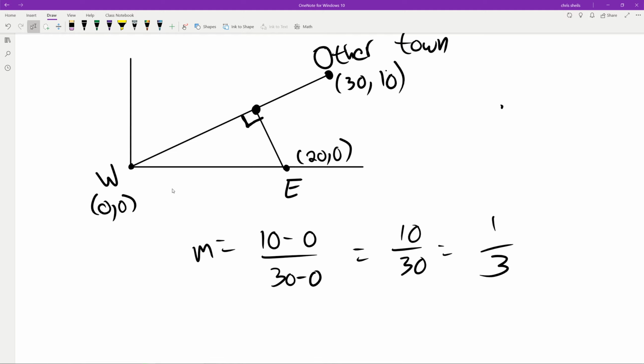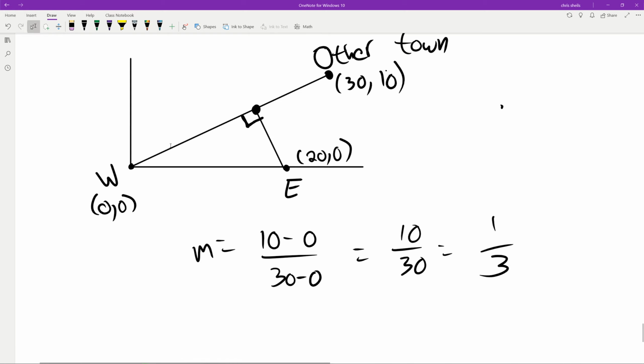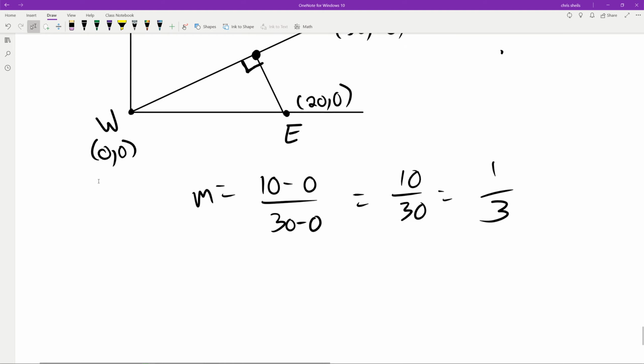Not my horizontal intercept, but my vertical intercept here is 0. So the equation of the line going from Westboro to the other town will just be, we'll call it w of x equals 1/3 x.